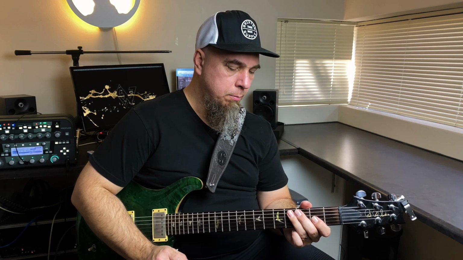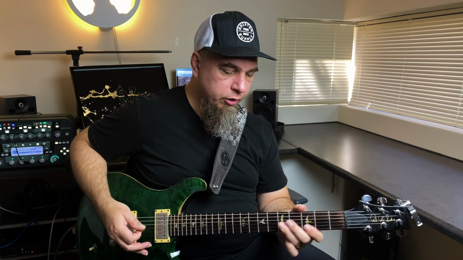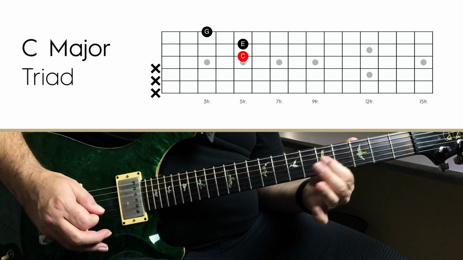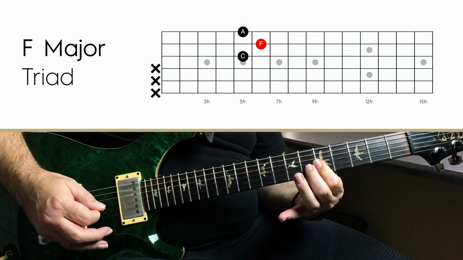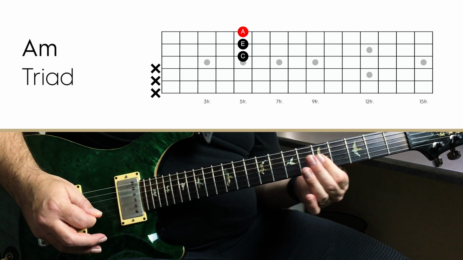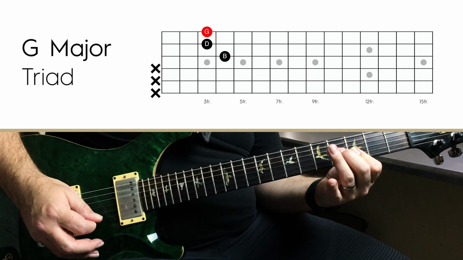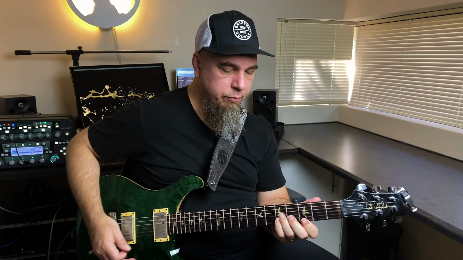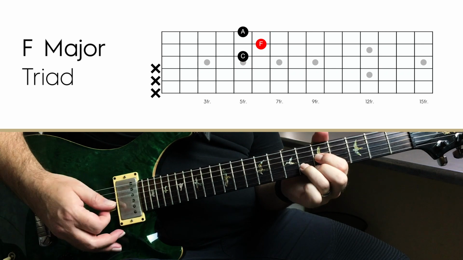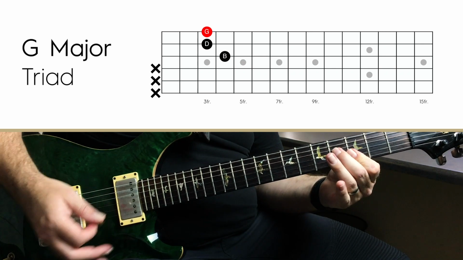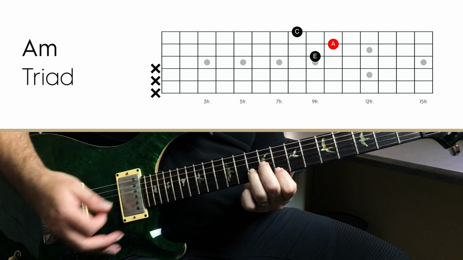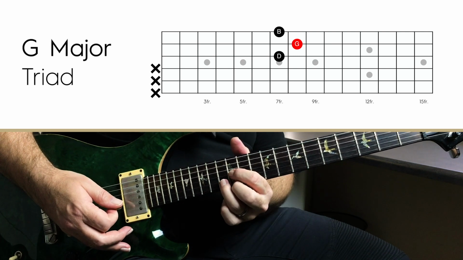Let me play you a couple of triads. This will be a C major triad, F, A minor, G. All I played there was C, F, A minor, and G. I can also play it here, and I can also play it here.